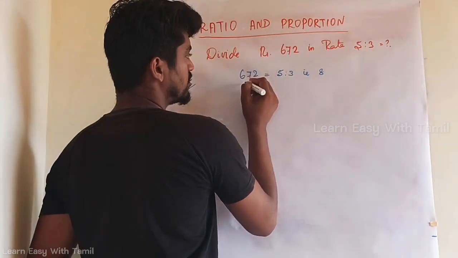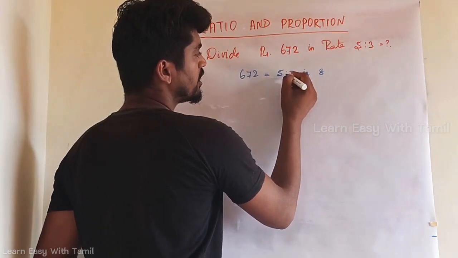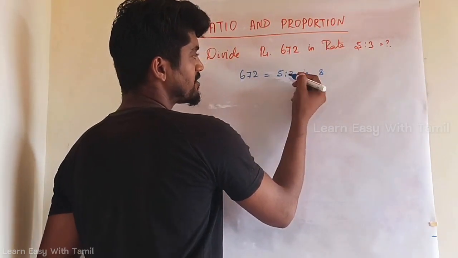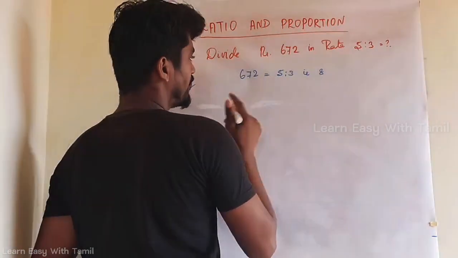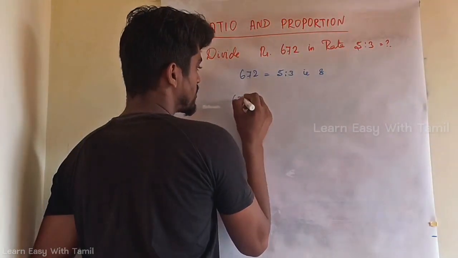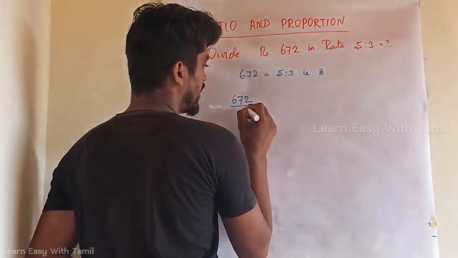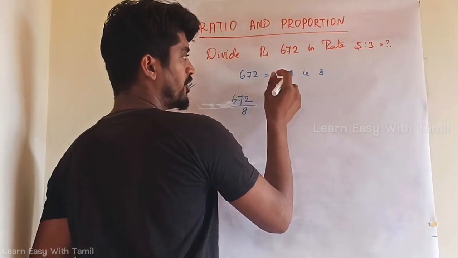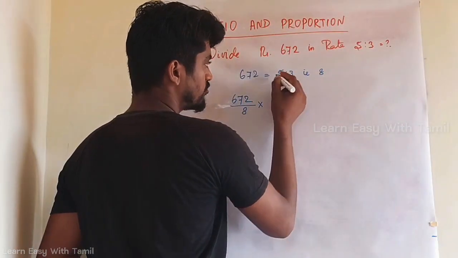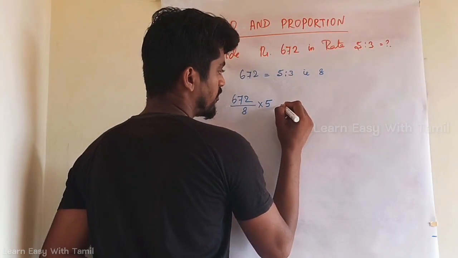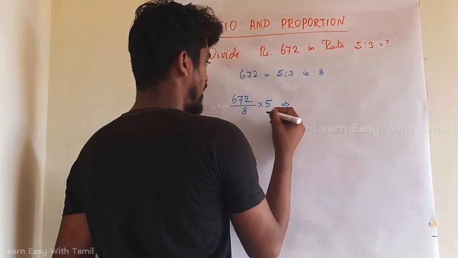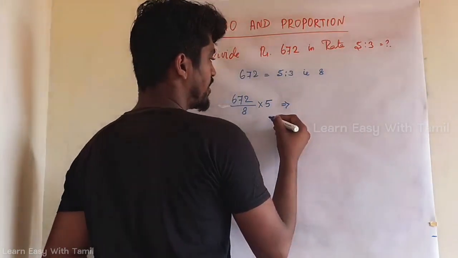So we have to divide the 672 in the 5:3 ratio. So we find 672 divided by 8. We have to find it for 1 unit. At the same time we have to find for 5 units, which we have to simplify.